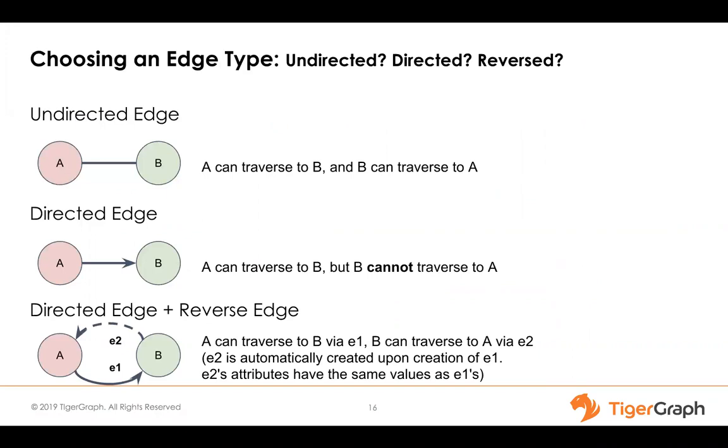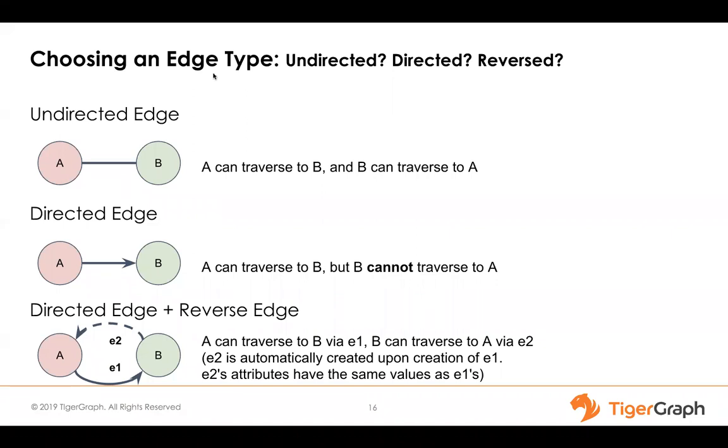When we define the schema, the first question we usually ask ourselves is, because we have three choices for the edges: undirected edge, directed edge, and directed edge plus reverse edge. When we define an edge, which one should I choose?